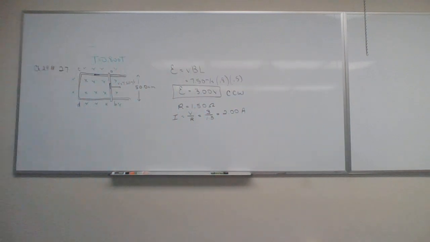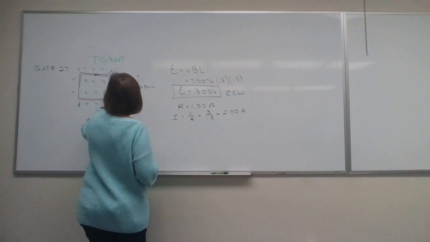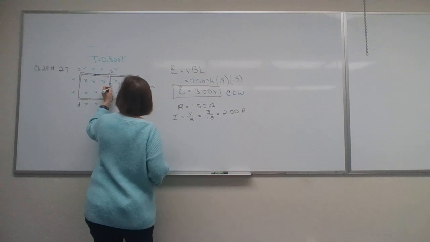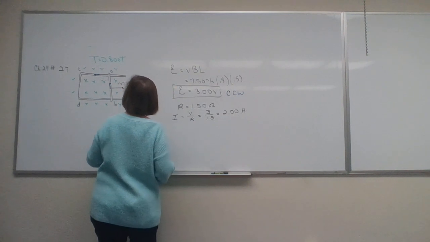Next part of the question. What's the force required to keep the rod moving to the right with a constant speed? If I want to keep it moving to the right at a constant speed, I need a force that way.